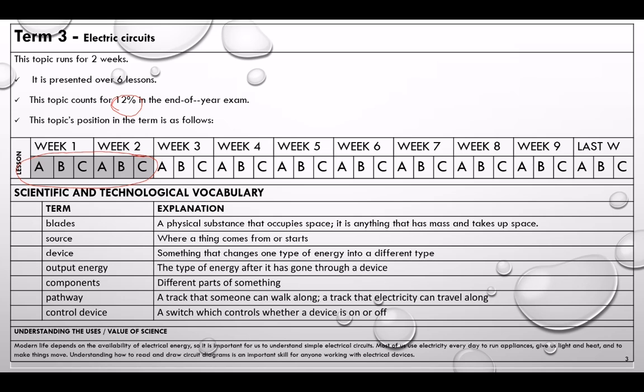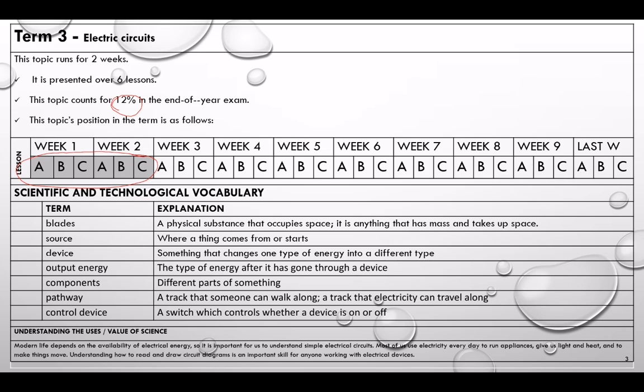One thing you must know before we begin with the topic, I will expect you to know what a blade or blades are, what we mean by a source, a device, output energy, components, pathway, as well as control device.